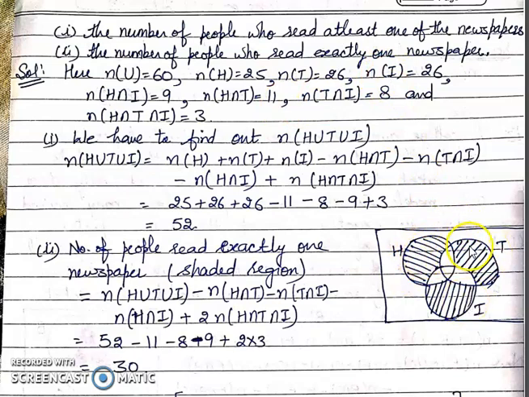Only H, only T and only I. So from the Venn diagram, you can find that this shaded portion is equal to H union T union I, from this union we have to subtract the intersections, H intersection T, T intersection I and H intersection I.